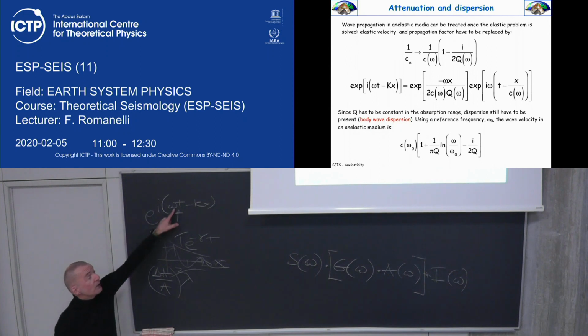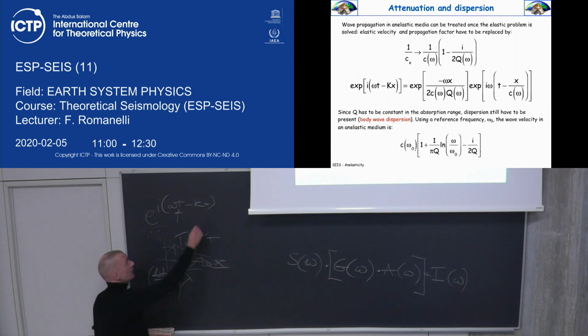And you can think about a complex frequency or a decay in space. And you can think about a complex K. I prefer this view. Complex K means complex velocity. Complex velocity means complex modulus. Hooke plus Newton make a viscoelastic domain.